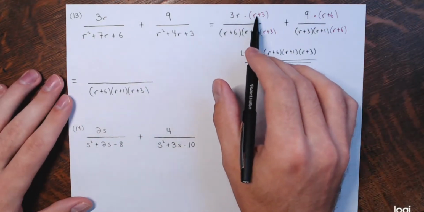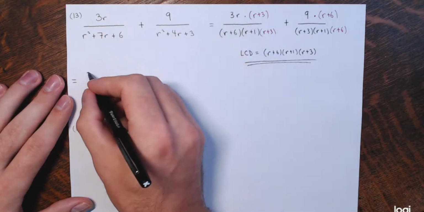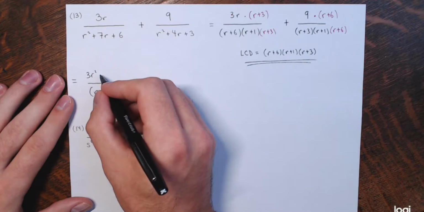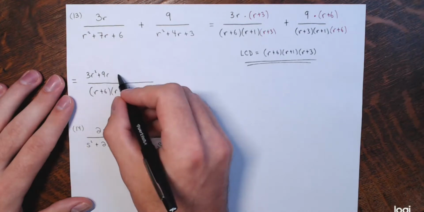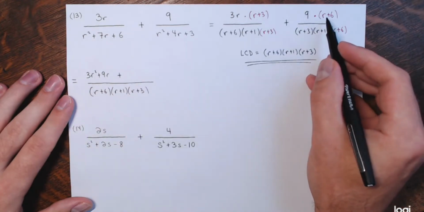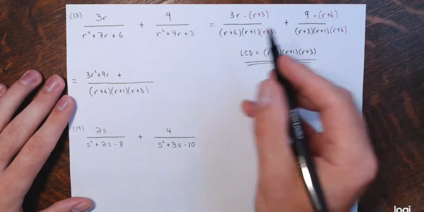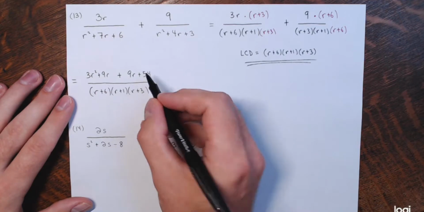Now the first numerator is 3r times r plus 3. That'd be 3r squared plus 9r. There's the first numerator, plus the second numerator, 9r plus 54. 9 times r plus 6, 9r plus 54.